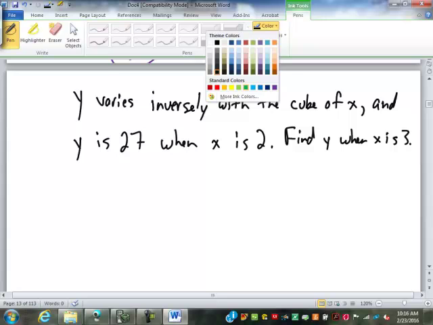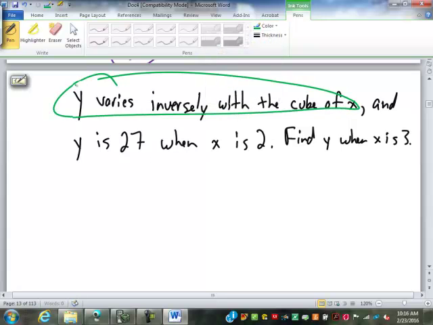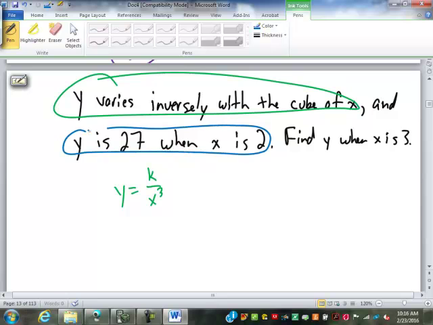Where do we start? Y equals k over x cubed, okay. The next step is 27 equals k over 2 to the third, which is k over 8.